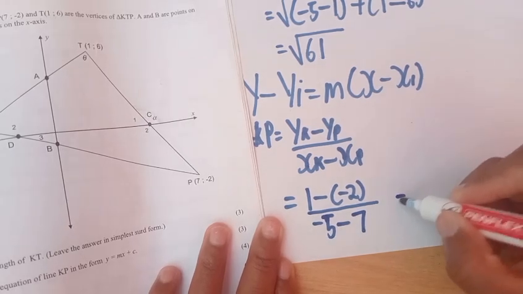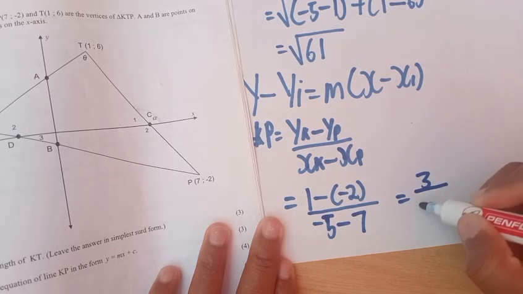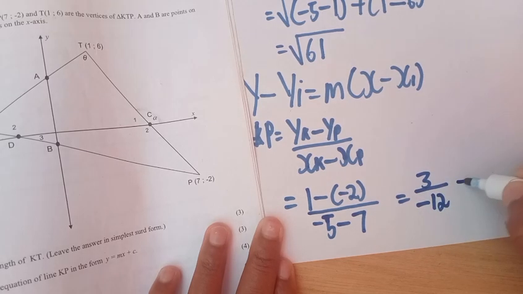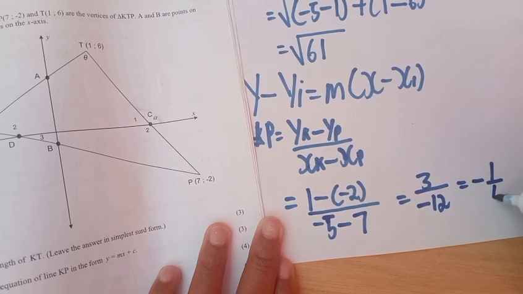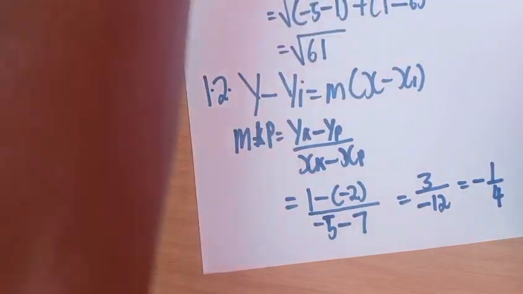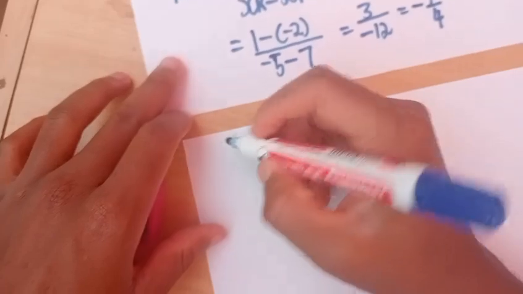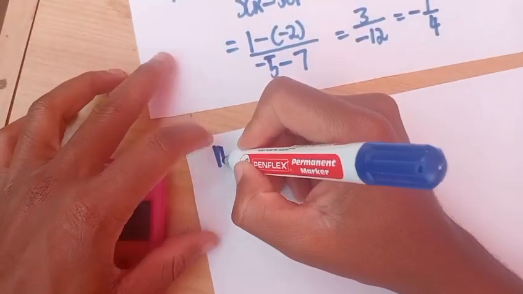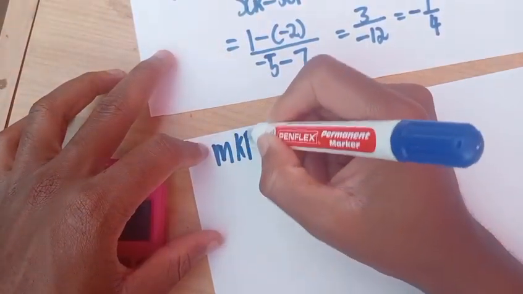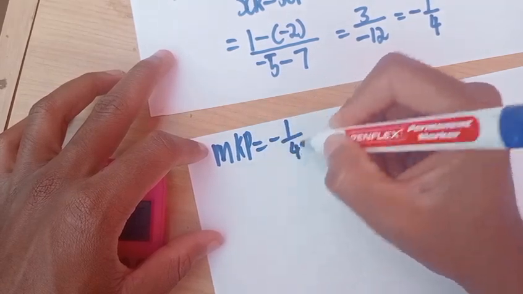Then our answer is 3 over negative 12, which is negative 1 over 4. It means now my gradient for KP is negative 1 over 4.